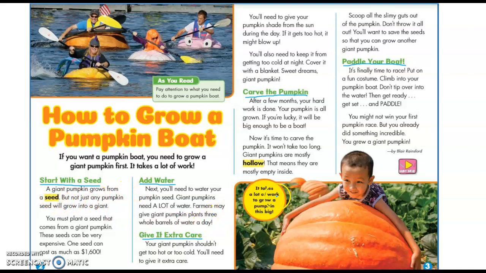Over here, what kind of text feature is this? We've talked about this one already. You probably said it's a photograph, and it is. It's a photograph. What do you see in the photograph?